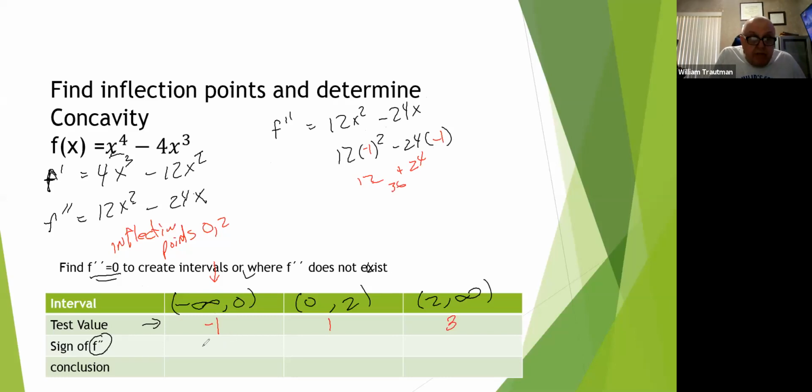The sign of the second derivative is positive at that point. When you plug negative 1 into that second derivative, you get a positive number. It doesn't even care what the answer is, 36. I just want to know if it's positive or negative. It's positive. So I'm going to do this again for my next test point, positive 1.